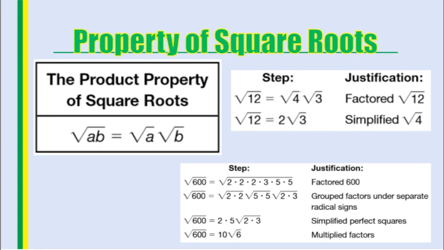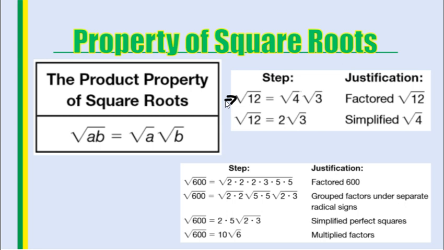So an example here, you have the square root of 12. I can break that down as the square root of 4 times the square root of 3. Somebody else could have done the square root of 6 times the square root of 2 if you wanted to. But the key here is when you're dealing with radicals, you want to try to break it down with at least one perfect square.